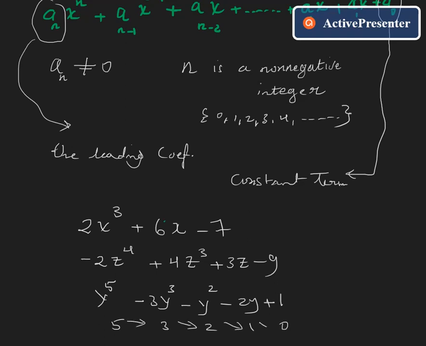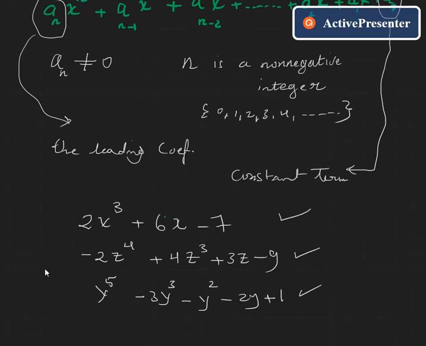This is number 1. Number 2, an is not equal to 0, which is here the leading coefficient, which is 1. So this polynomial is in its standard form.